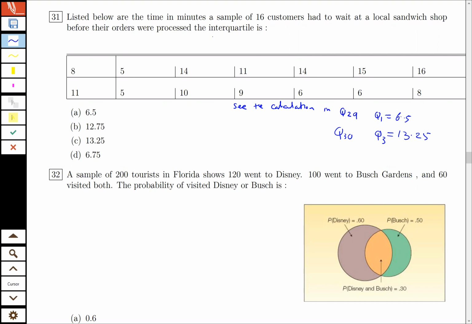Now he's asking about the interquartile. You have to know this word. It means the difference.